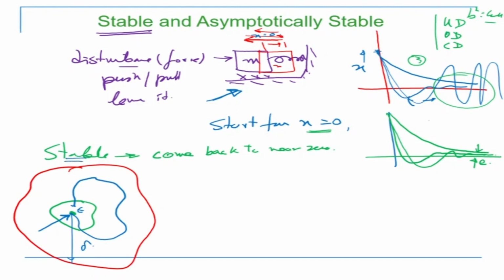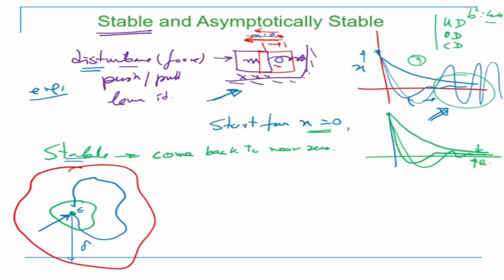Now this behavior is similar to this one here. We are disturbing it and leaving it. It is oscillating a bit, but then it's coming back to near 0. Will it come exactly to 0? Probably not. Why? Because when you give a disturbance, the disturbance is energy. Some of the energy is getting consumed, some is getting stored.